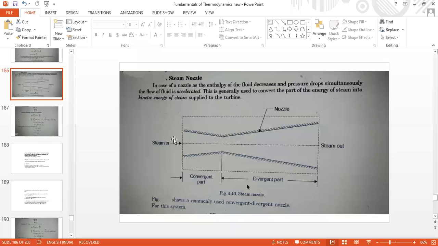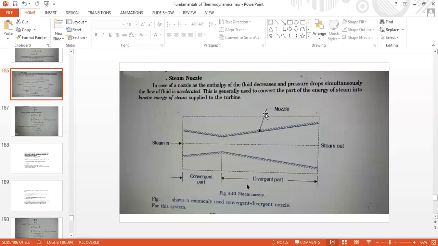However, just to know, nozzles are of three types: convergent, divergent, convergent divergent. A convergent nozzle shortens its diameter from larger to smaller. A divergent part is one where the area increases from smaller to higher.